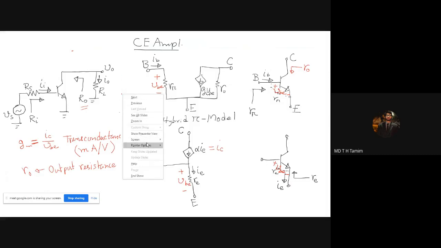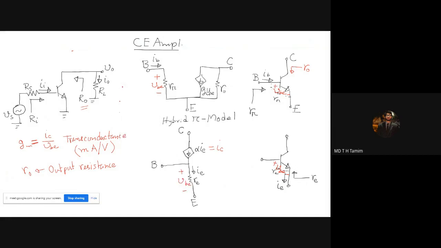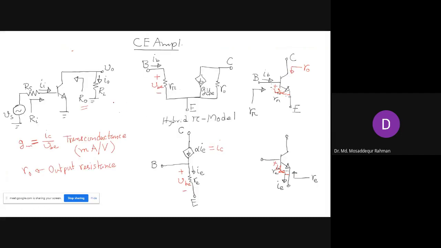Sir, the voltage between base and emitter, we can write VB is equal to IB into R pi. Okay, so I'll show you how we get that.